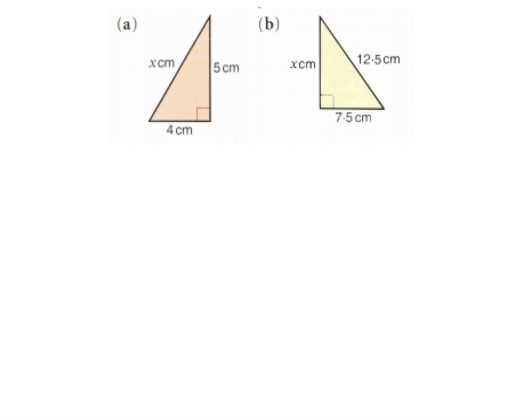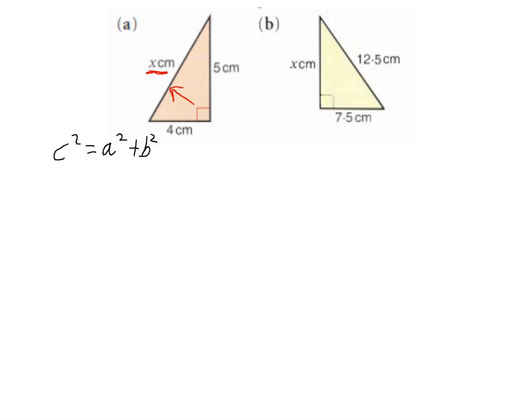So first thing we need to do is work out where the hypotenuse is. The hypotenuse is the longest side and it's always opposite the right angle. So this side here, x, is the hypotenuse. So that's our longest side. That means that we can use our normal formula, c squared is equal to a squared plus b squared.